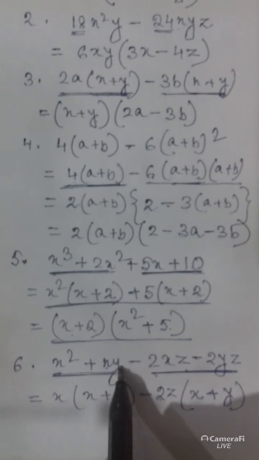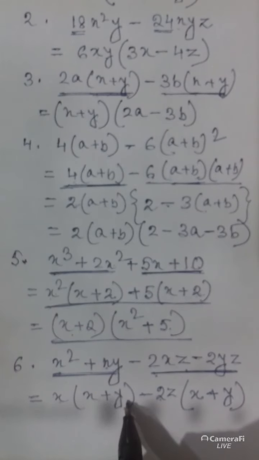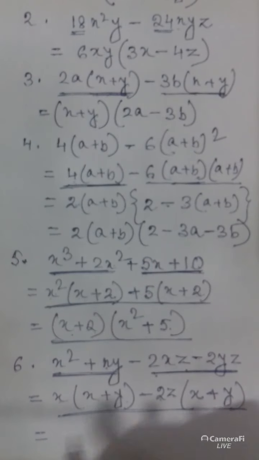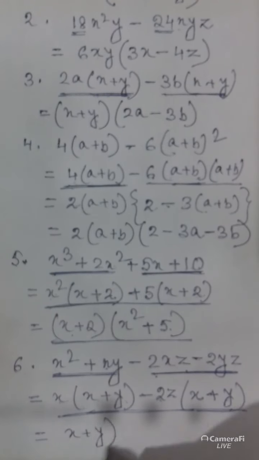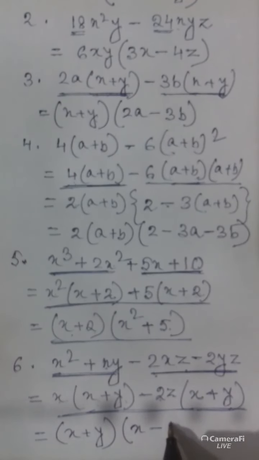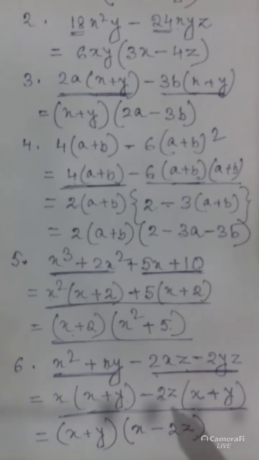See, x into x plus y minus 2z into x plus y: in both terms x plus y is common. So we take x plus y as the common factor, then x minus 2z is left. x plus y and x minus 2z. I hope all of you understood.